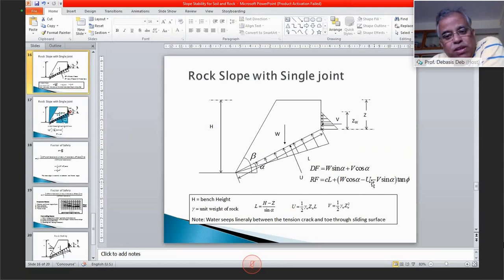Now if both U and V are there, it is reducing the effect of normal load, so RF has reduced. RF has gone down. And in the denominator there is V, so V has increased.